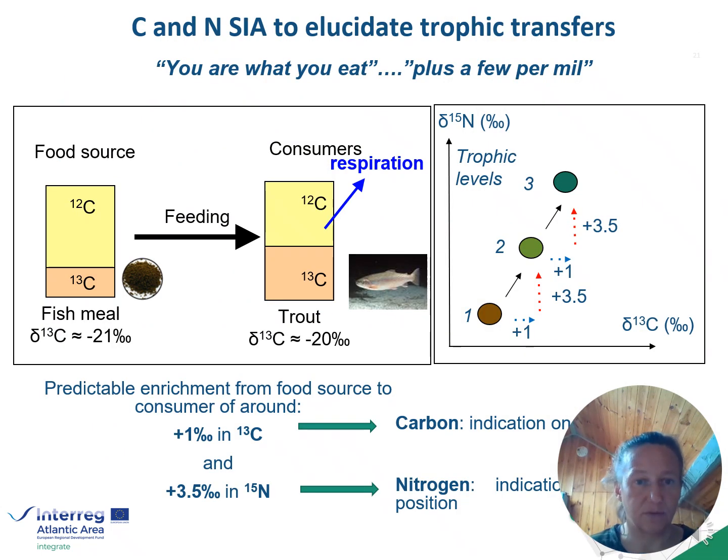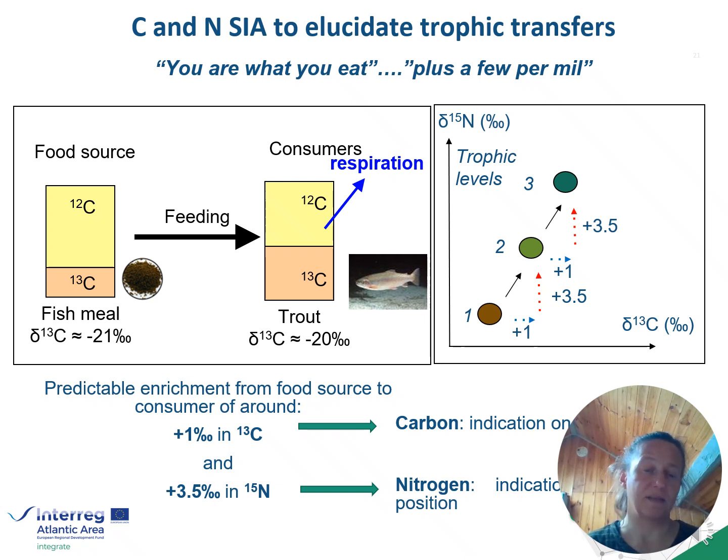So we can see from this slide, if we use fish meal pellets for feeding trout, there is a delta 13C signature of -21 in the fish meal, and that then becomes -20 in the trout muscle.